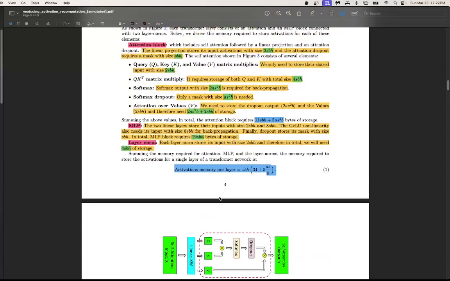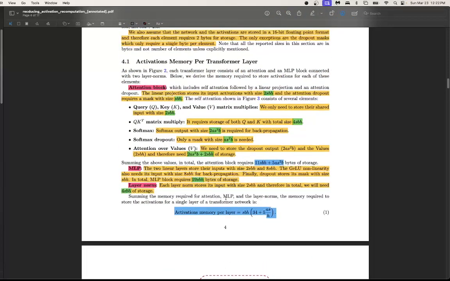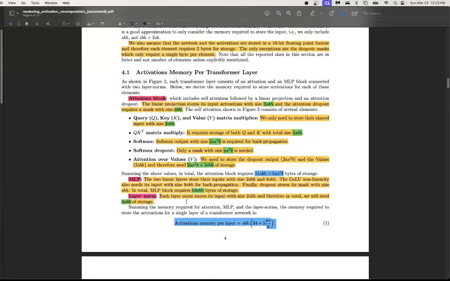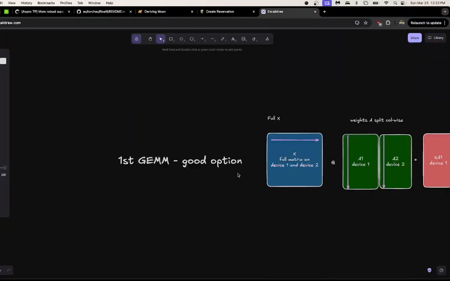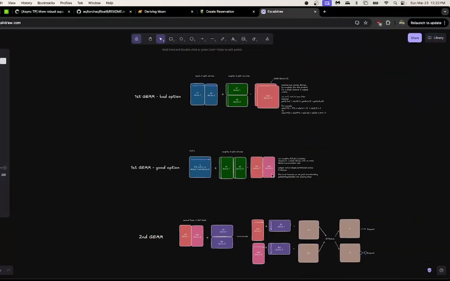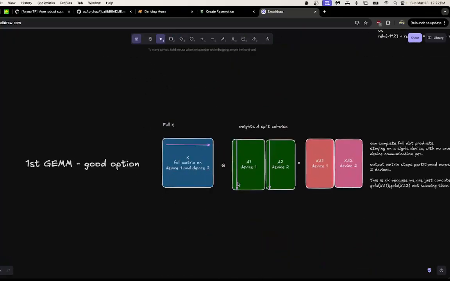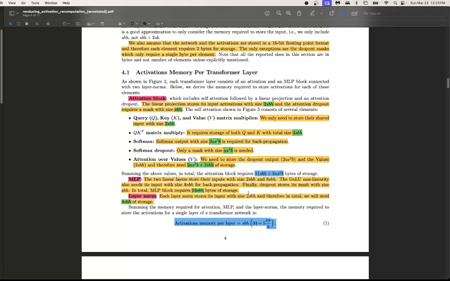So it will not be included in the 24 that is being divided by the tensor parallel group size, so we can ignore this. The MLP inputs, going back to our diagram, are not partitioned, right? Here it is. It is not partitioned, so we're not getting any activation memory reduction from dividing by the tensor group size. It's not subject to the 24.